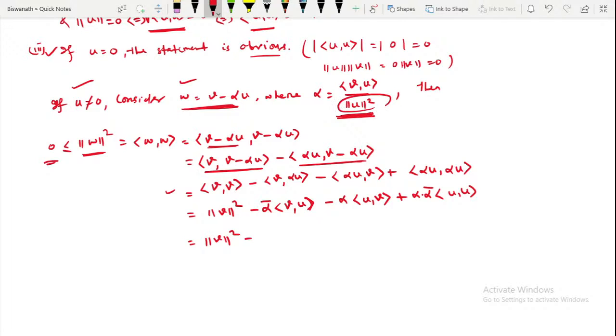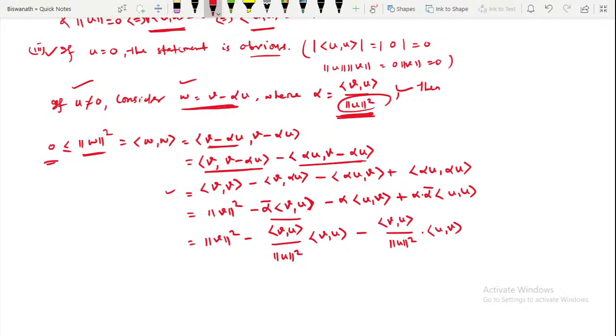Constant means this is a real number. So what will be alpha bar? If alpha is this one, then alpha bar will be the conjugate of v comma u, divided by norm u square, into the inner product v comma u, minus, and alpha is the inner product v comma u divided by norm u square, into u comma v.